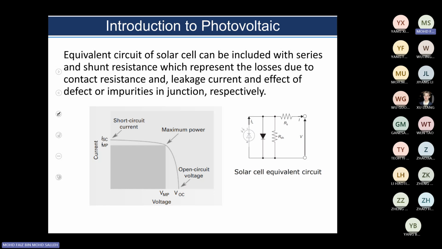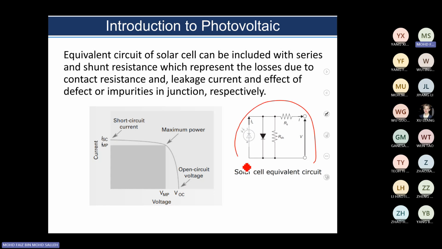So the solar cell can have this kind of equivalent circuit. This part is the source that generates the current IL when we expose it to photon energy. Then we have a diode and two resistors to model the solar cell.